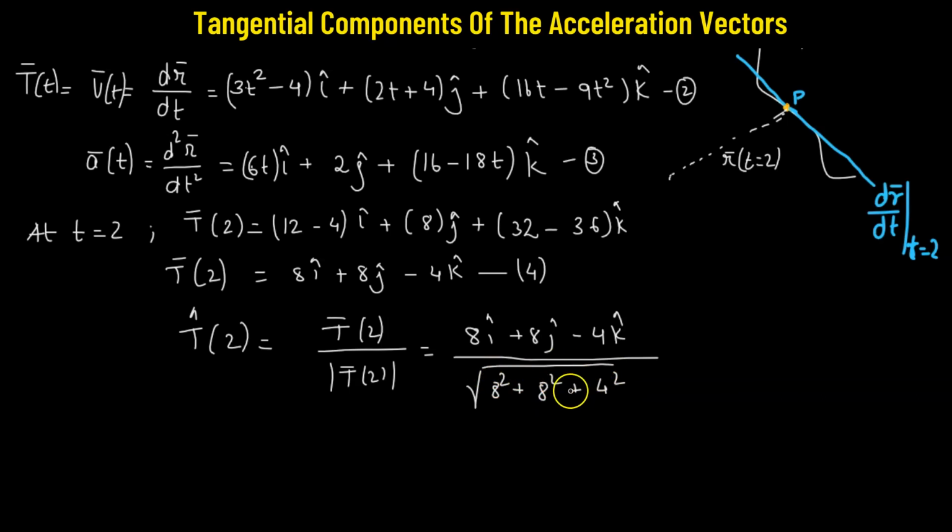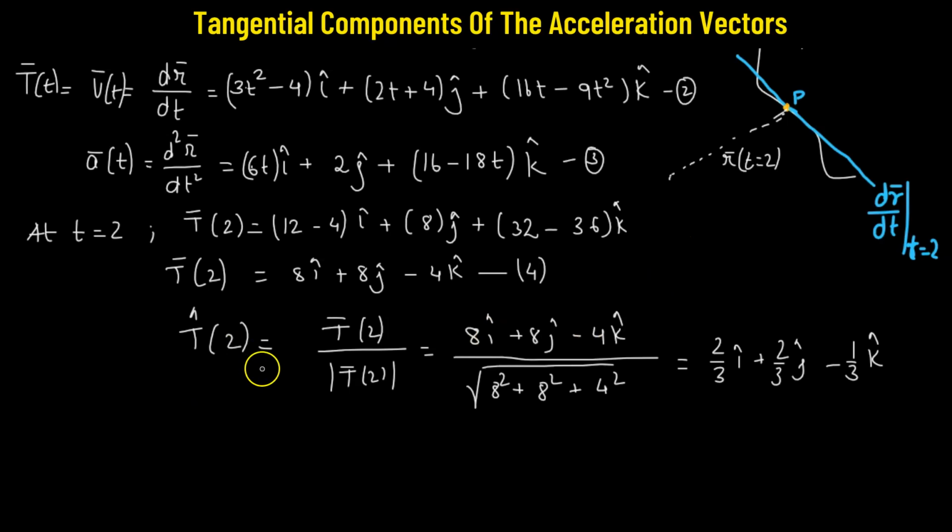When we compute this value, it equals 12. So that means we have 2 over 3 i cap plus 2 over 3 j cap minus 1/3 k cap. So this is our unit tangential vector, or the direction of the tangent.